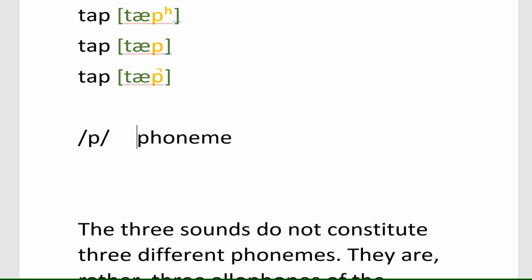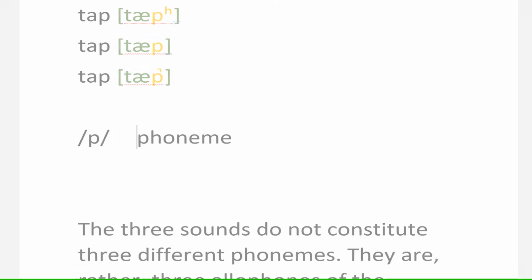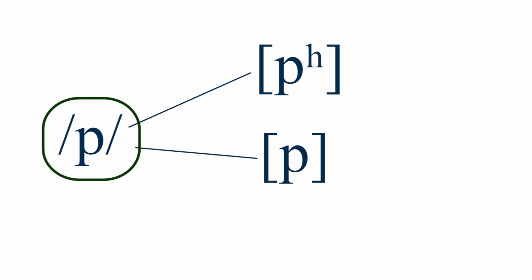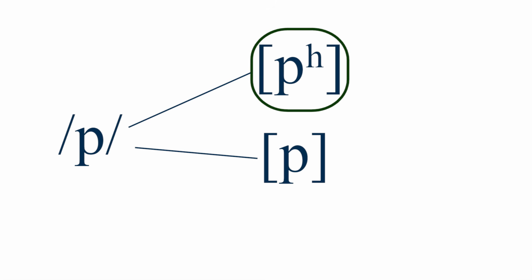There is a way to show this in technical language. This phoneme in English could be aspirated, or it could be not aspirated. So basically you can't pronounce this. This is just a concept, a mental reality. Once you pronounce it, if I say the sound pa, I already aspirated it. I already pronounced an allophone of it.